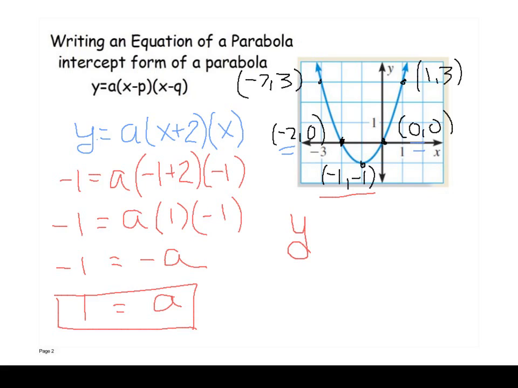So when I do this, I get y is equal to 1 for A, but since it is 1, I don't have to write it, multiplied by x minus P, or minus a -2, that gives me +2, and x minus 0, which is x. And this is the final form for our equation in intercept form.